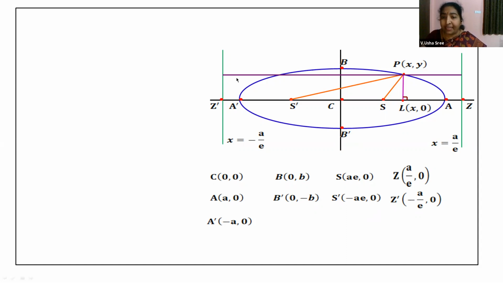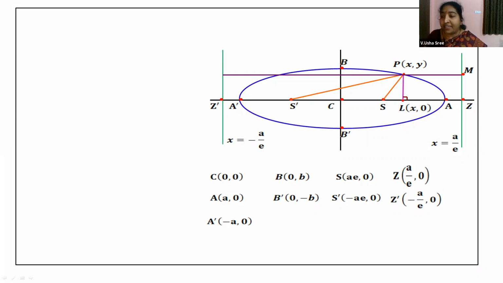Now we'll take a line which is parallel to the x-axis and passing through the point P. All right. Now, according to the definition of e that we have defined, children, SP by PM is equal to e, isn't it? So SP we can always write as SP is equal to e into PM, right? Now the line we have taken parallel to the x-axis is meeting the two directrices at M and M dash.